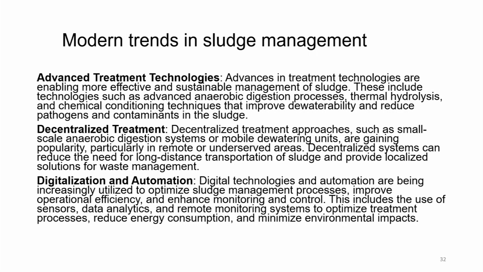So, in today's time when it is all digitalized and automated, these processes of sludge management also can be optimized, and by improved operational efficiency, the monitoring and control can be done very effectively, and therefore, the net result will be that it will have minimal environmental impact.